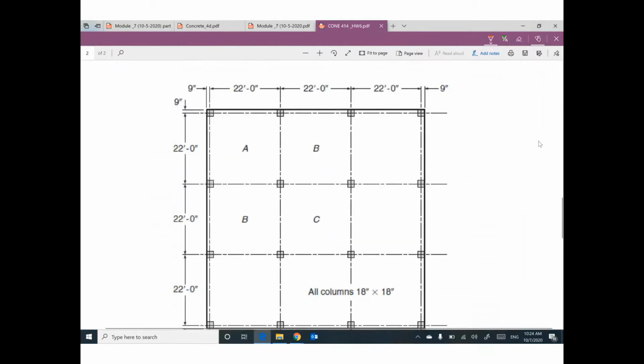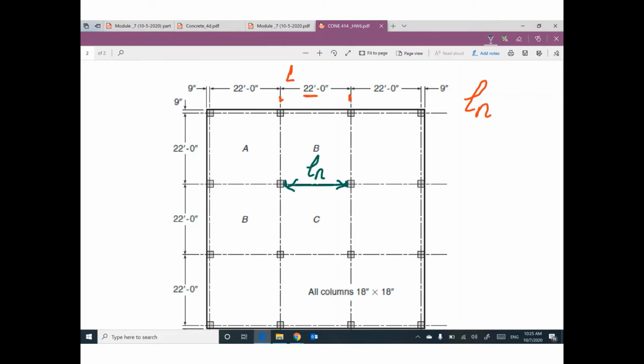The distance between this center line and this center line, how much? 22 feet. This one is called L. But if you are talking about Ln, which means clear span, which is the distance from this face of the column to this face of the column, this one is called Ln.